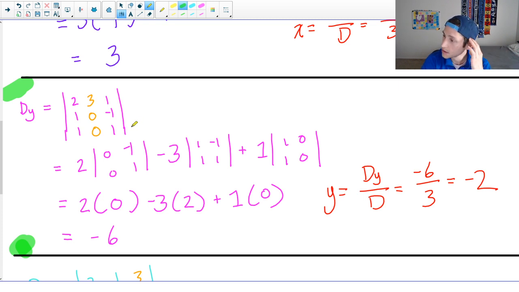But if I just want to pick out a specific variable, then it's not as much at all. And I think Cramer's rule is on the additional AFA for matrices, and it just asks you to solve for y, or z, or whatever.